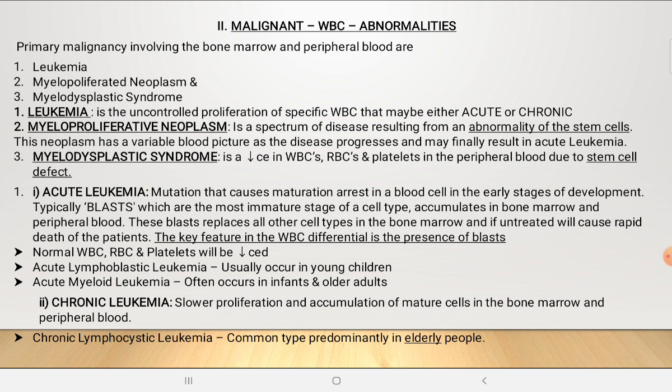Now, the chronic type of leukemia has slower proliferation and accumulation of mature cells within the bone marrow itself and the peripheral blood. And a type of chronic leukemia is chronic lymphocytic leukemia, which is commonly seen in elderly people.